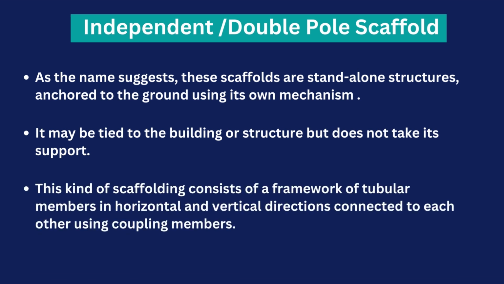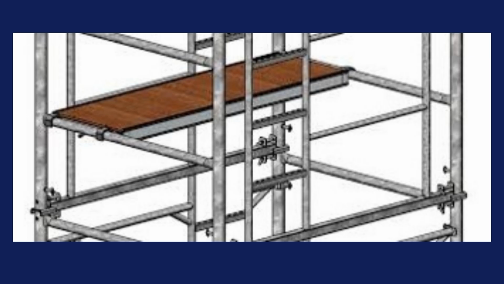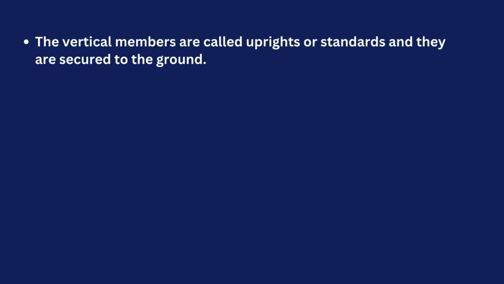This kind of scaffolding consists of a framework of tubular members in horizontal and vertical directions connected to each other using coupling members. Here you see the independent or double pole scaffold. The vertical members are called uprights or standards and they are secured to the ground.